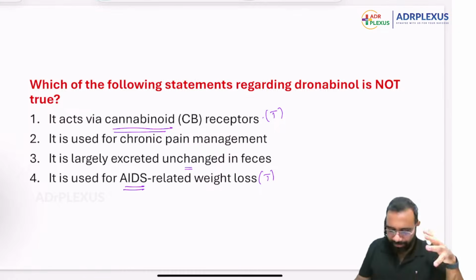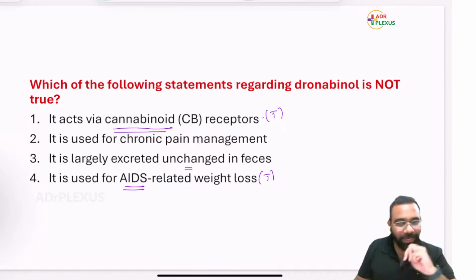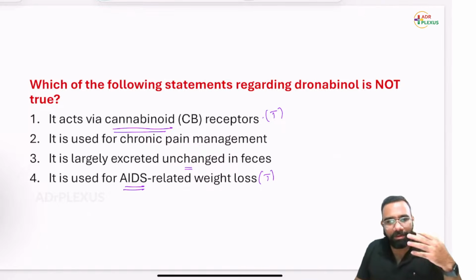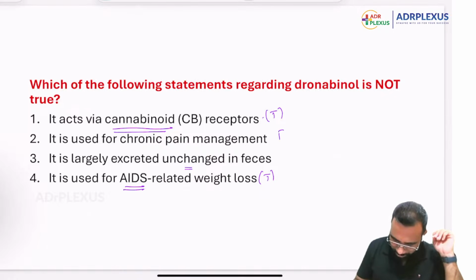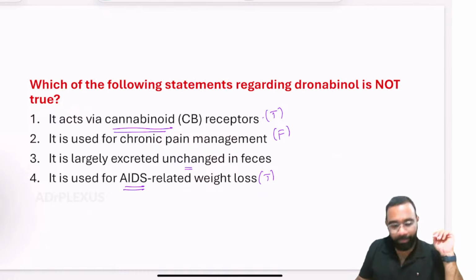Actually, here the question says in the options, correct me if I'm wrong, it is largely excreted in the feces or it's unchanged in the feces. I'm not sure about the options here, but definitely this is a false option: it is not used for chronic pain management.